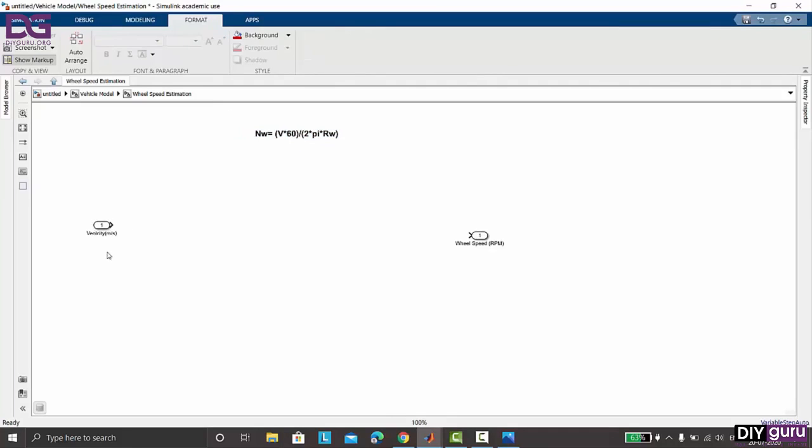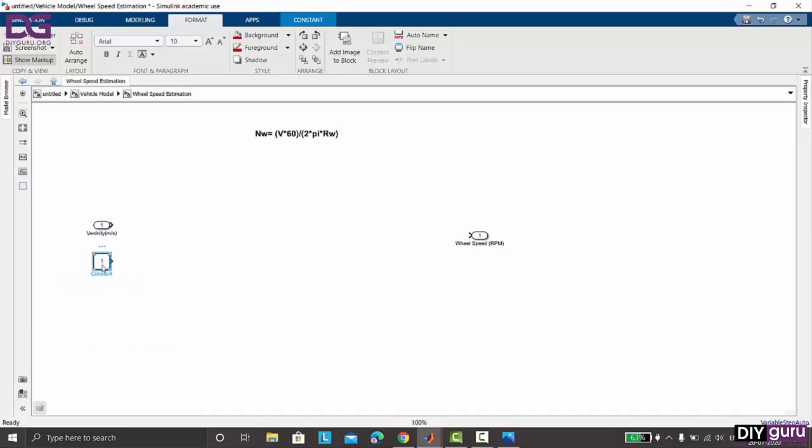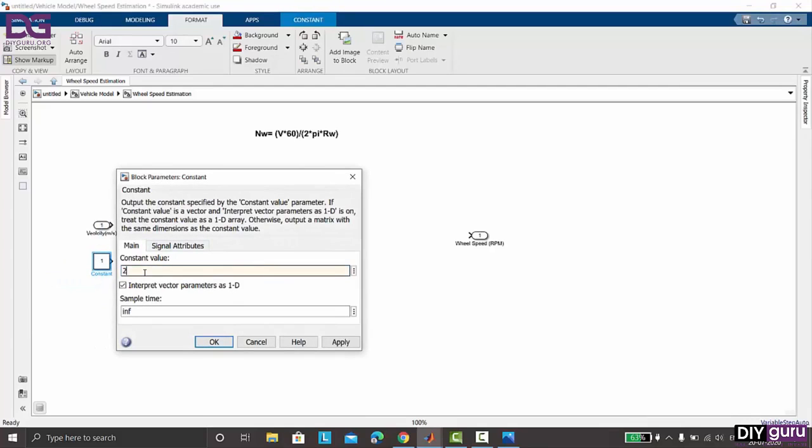So we have velocity, and we require one constant block. Here we will give 2 pi into Rw, the radius of the wheel, then the gain block to multiply by 60.